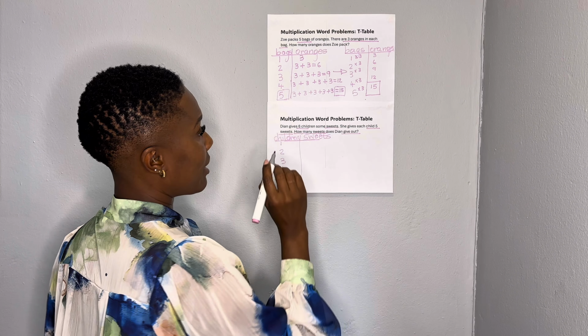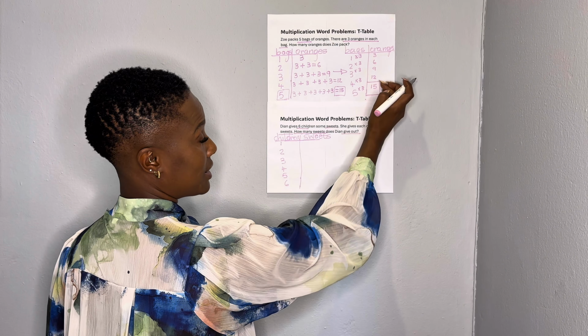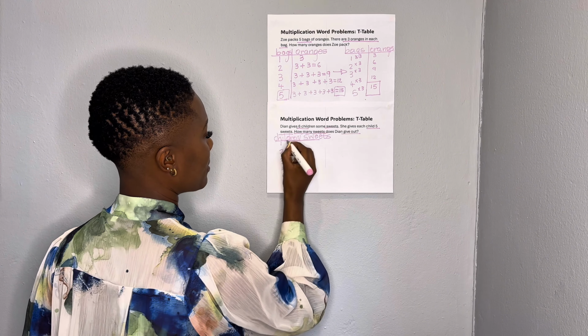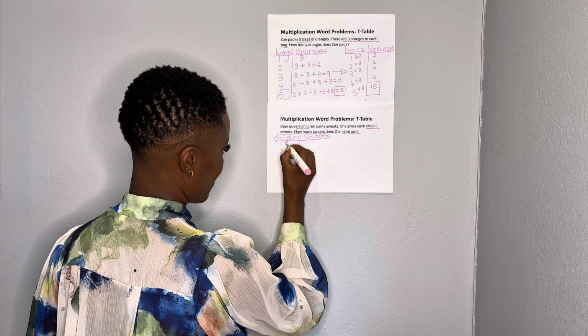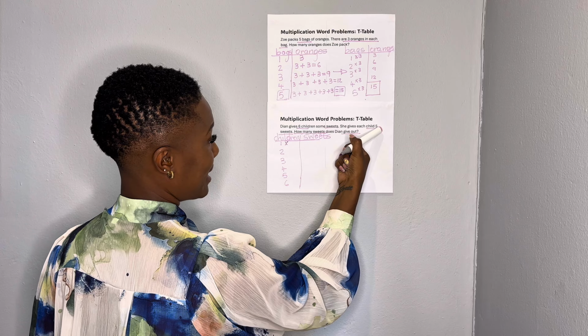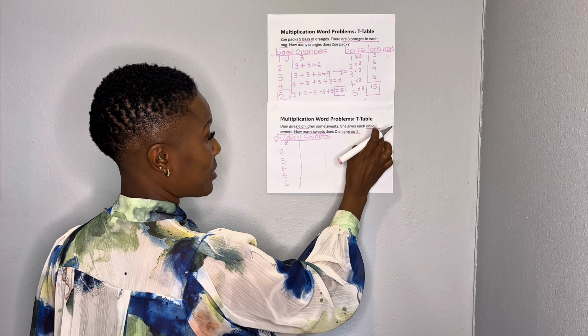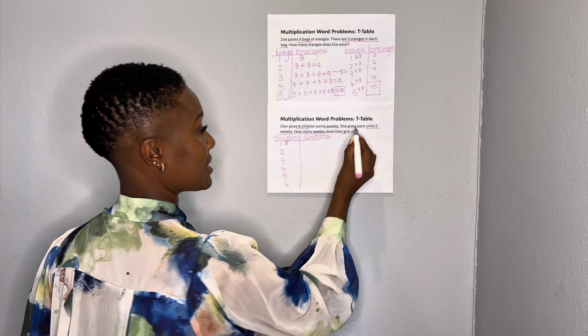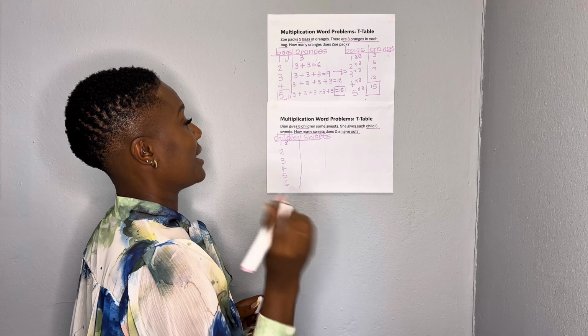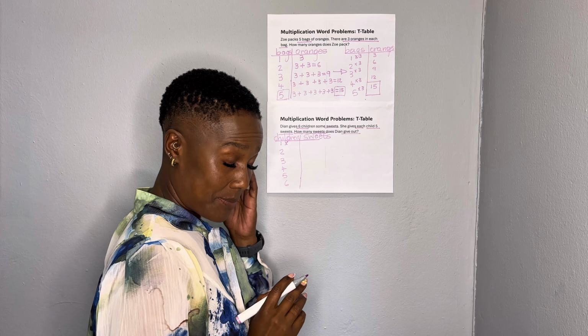Now, we are going to do the multiplication T table. Then it will be 1 times 5, because each child got 5 sweets.